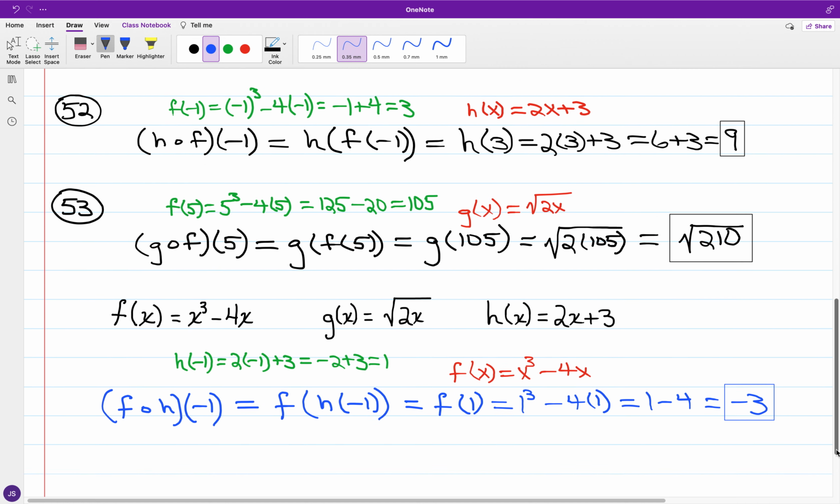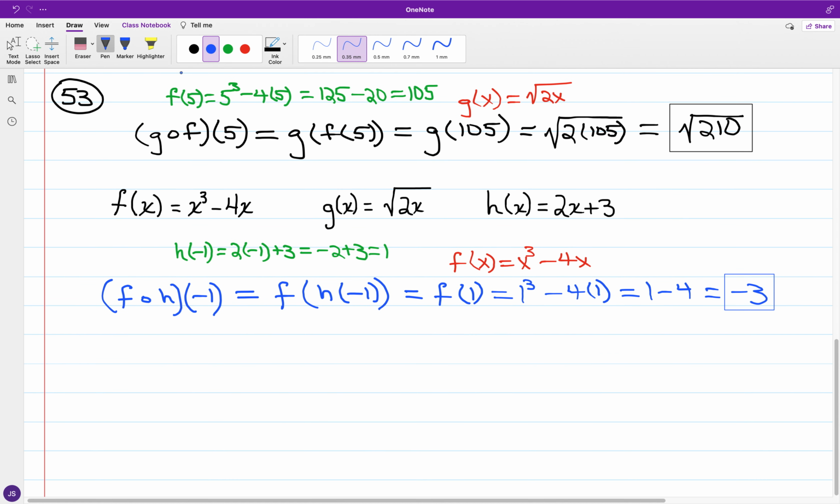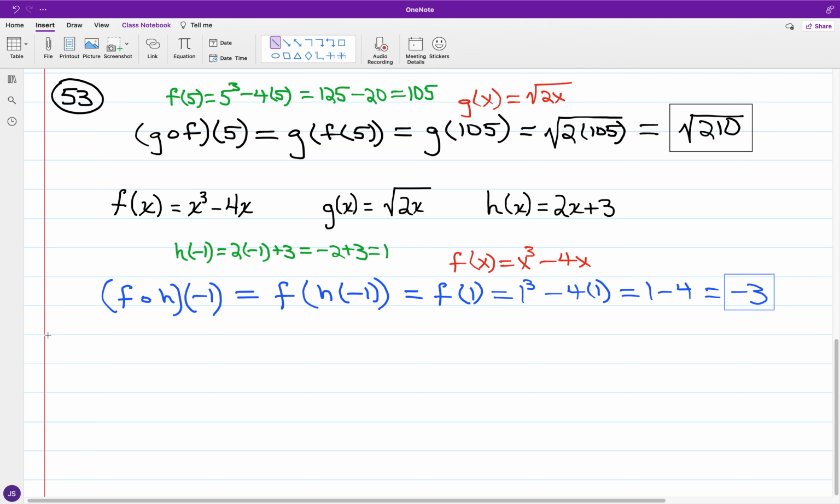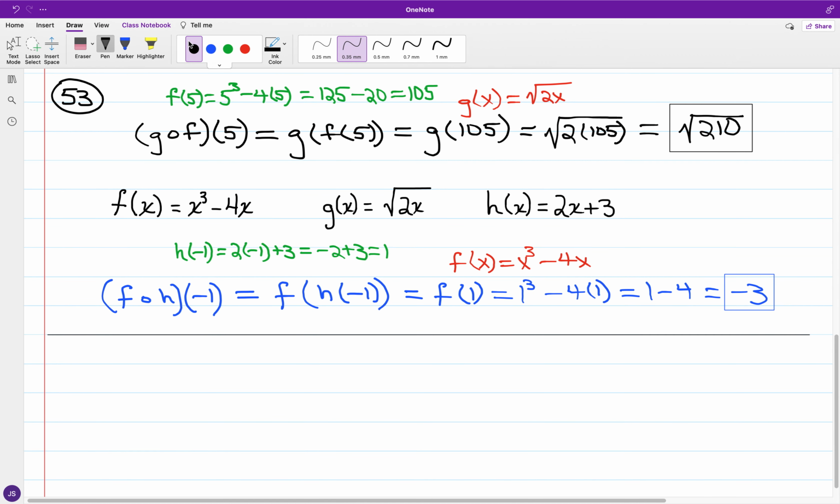Now in the case of the next group, we have going from f, g, and h of x to different letters, still with the general input at x. So we have m of x, presented as a radical function, where m of x is equal to the square root of x plus 8, and n of x is equal to x minus 5.